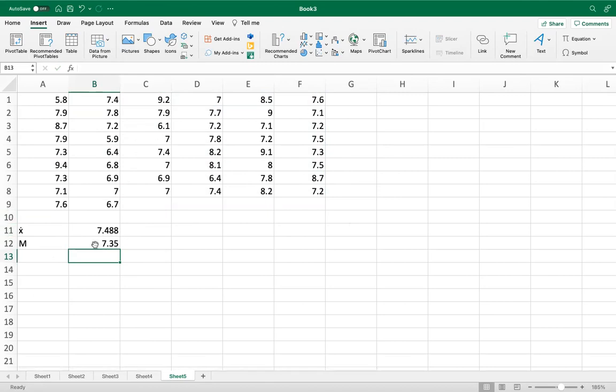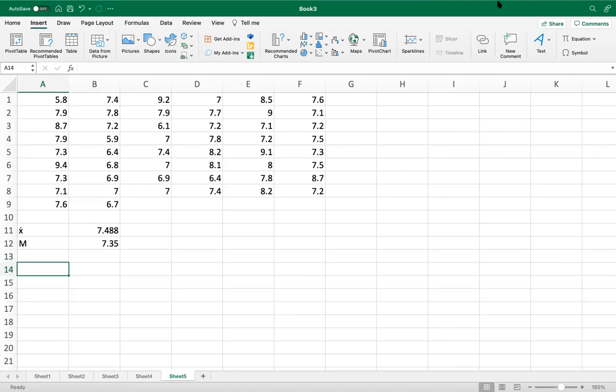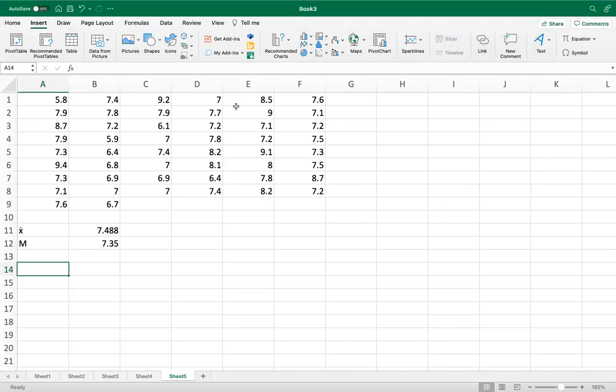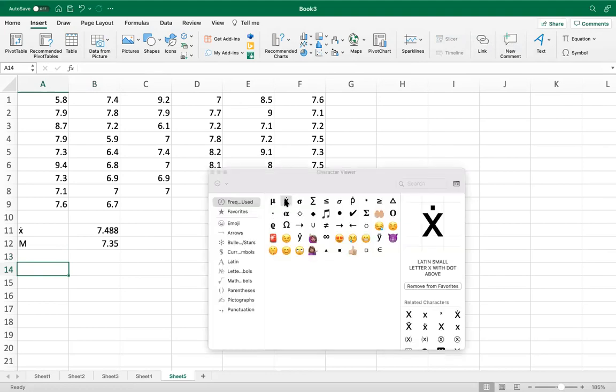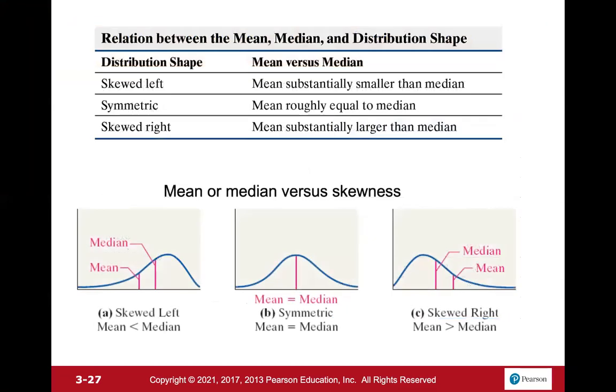All right, so since the mean is a little bit larger than the median, we would say that, let's see, since the mean is greater than the median, this tells us that we have a right skewed distribution, but let's just make sure.